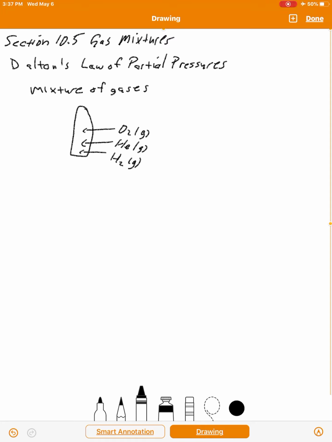What this says is that the total pressure of this mixture, P total, is equal to the sum of the individual pressures. Partial pressures, we call them, because it's part of the whole.